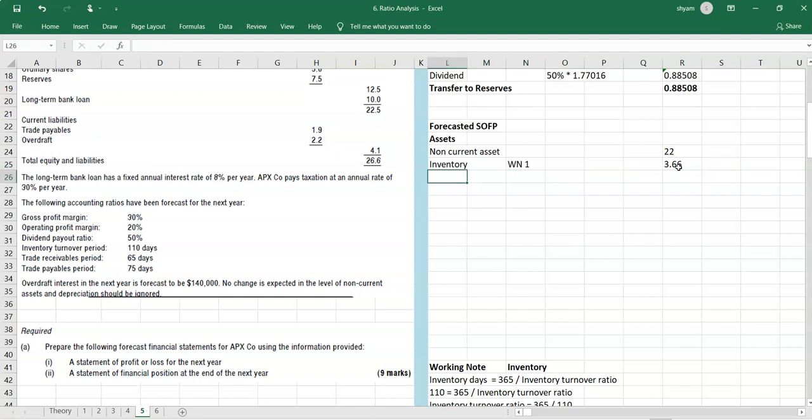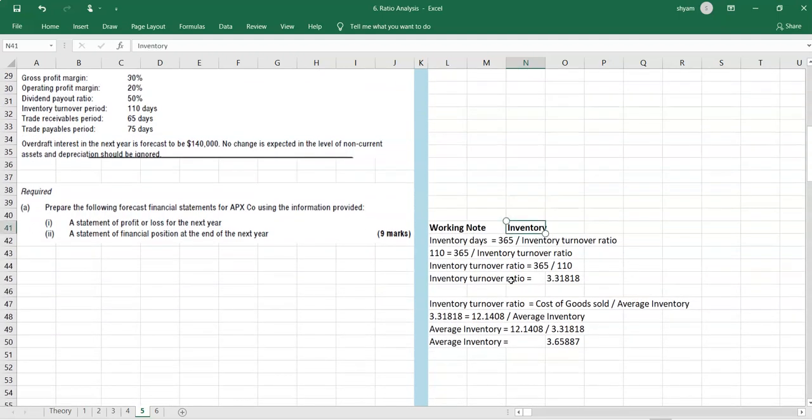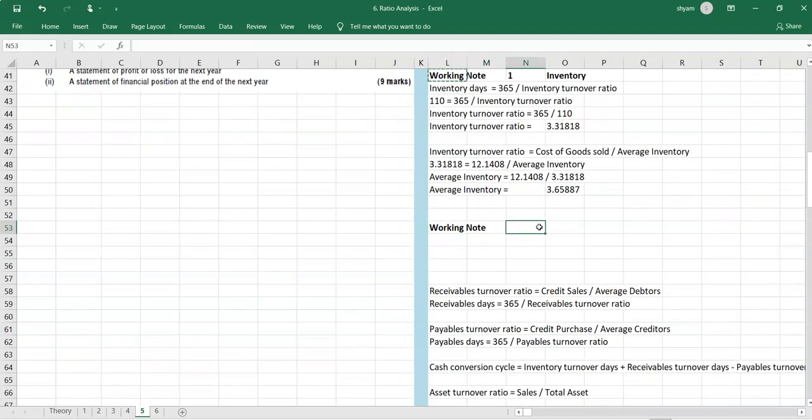The next item is going to be receivables. Receivables also we have to work out in the same way. So it is going to be working note number 2. This is working note number 1, we have done that. Working note number 2, we can start.